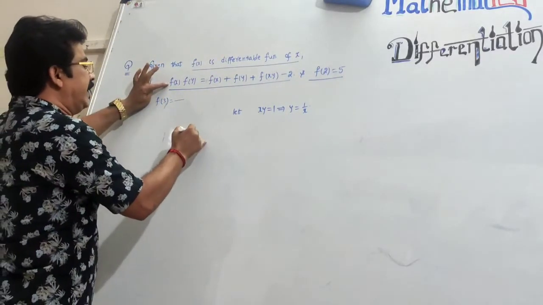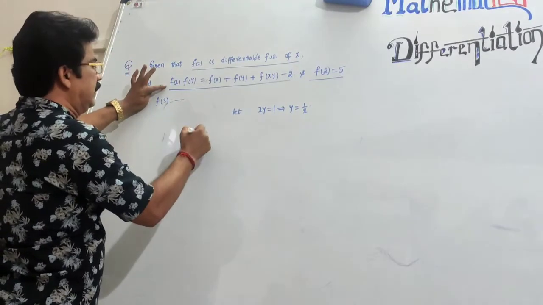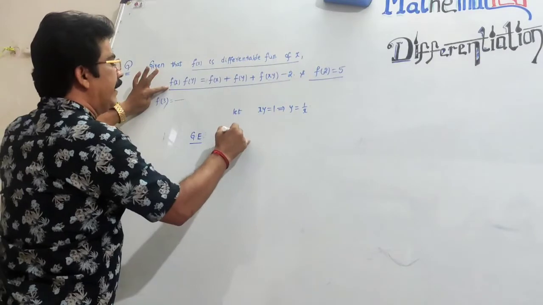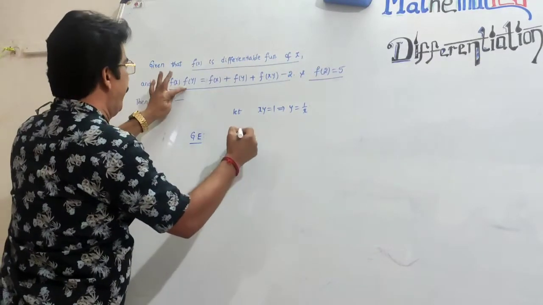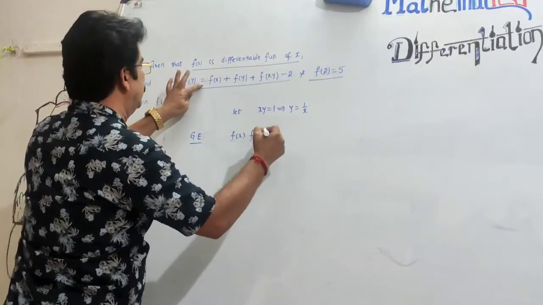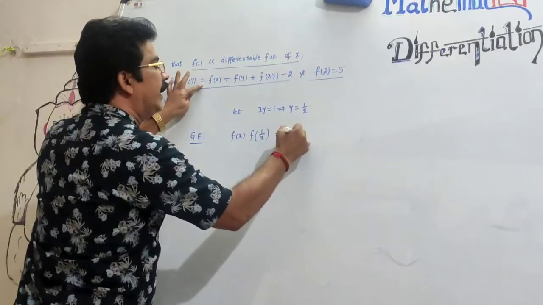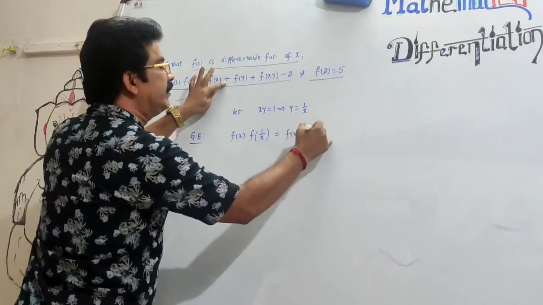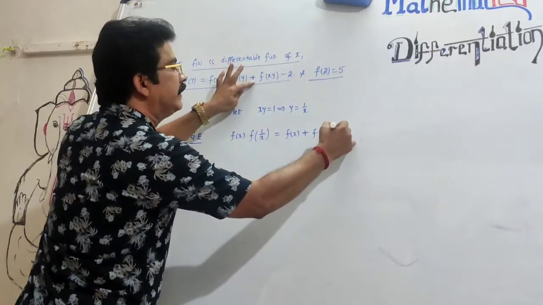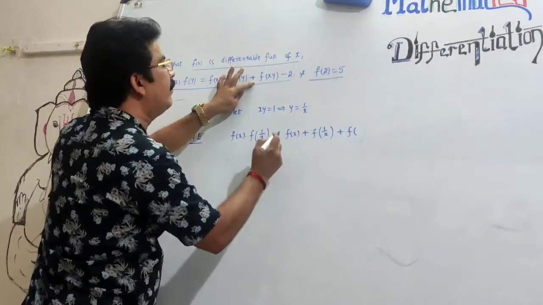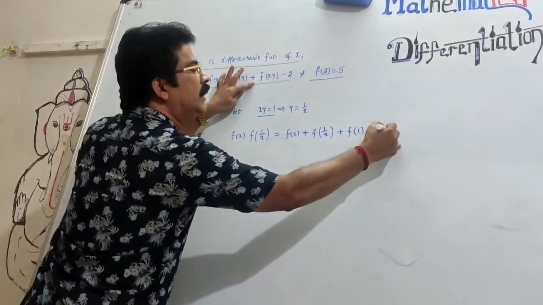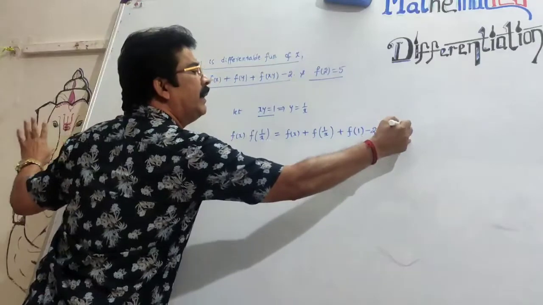So therefore, given the condition, f of x into f of 1 by x is equal to f of x plus f of 1 by x plus f of xy, that is f of 1, minus 2. Okay, let it be Roman number 1.